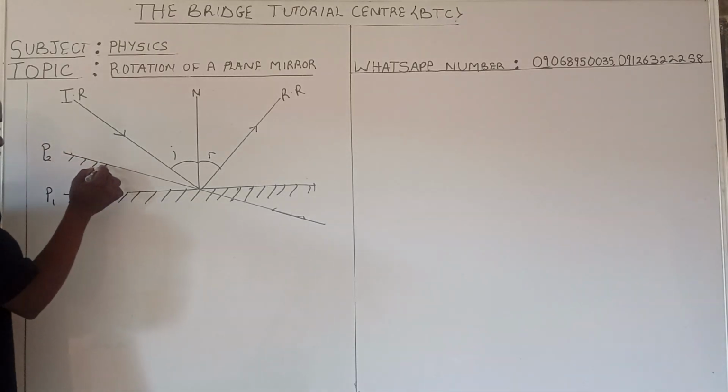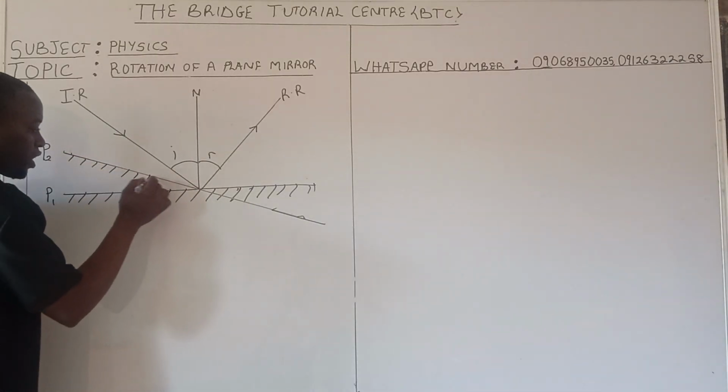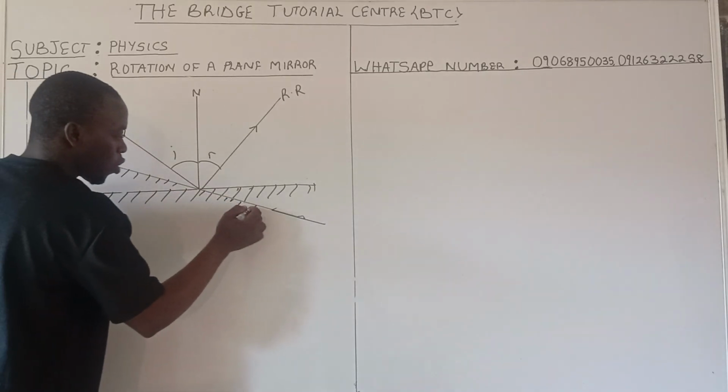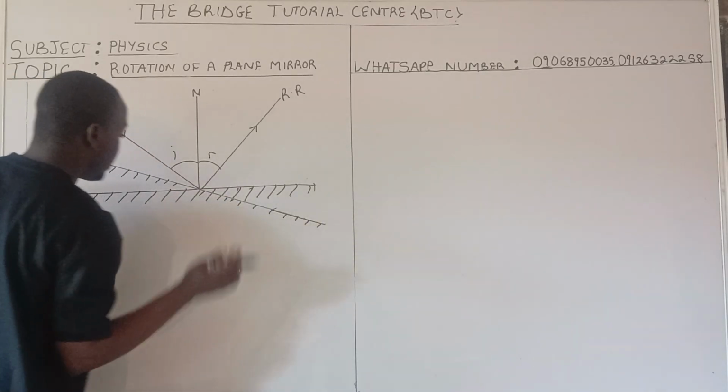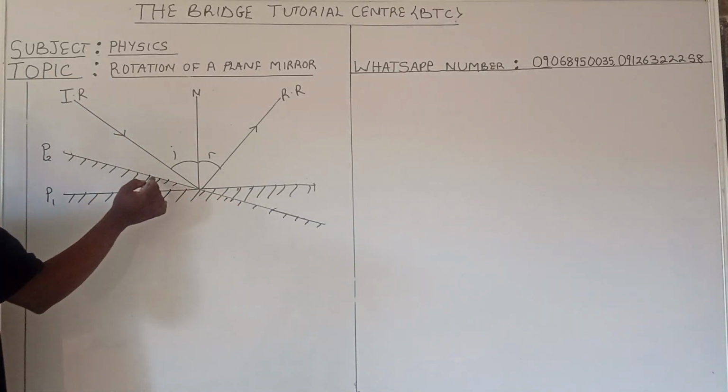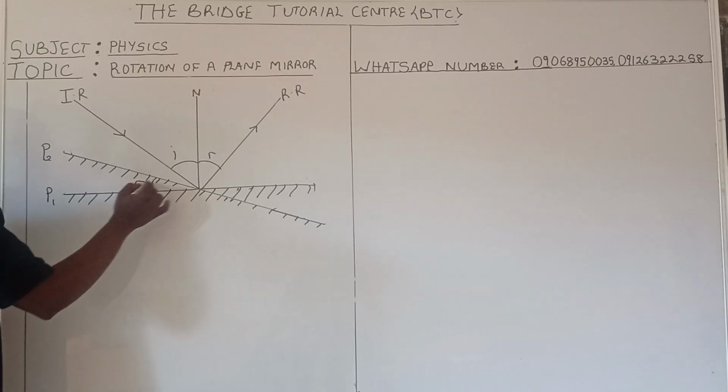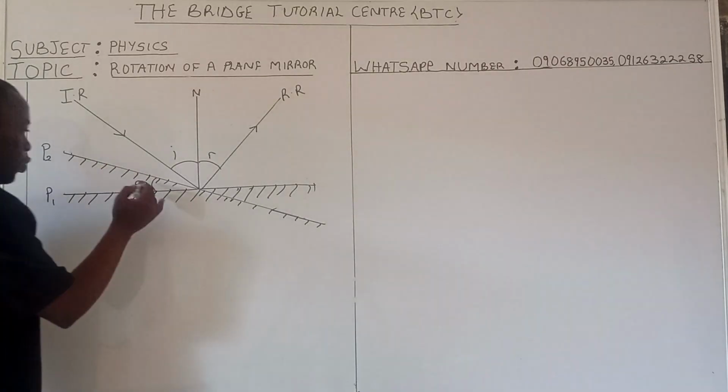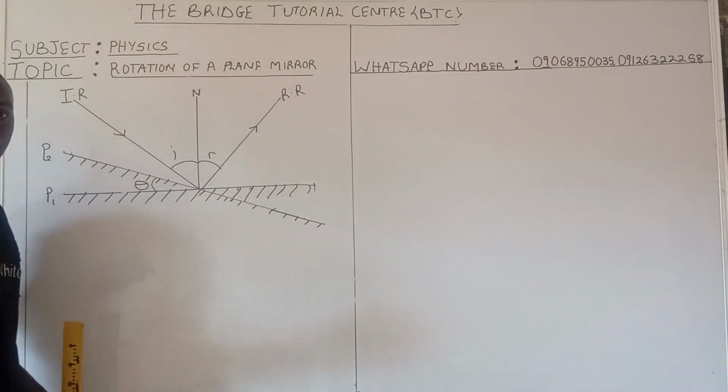Because what we've drawn before is just a glass, let us change it to a plane mirror. The angle of rotation, let us call it theta. So our plane mirror is being rotated by theta.